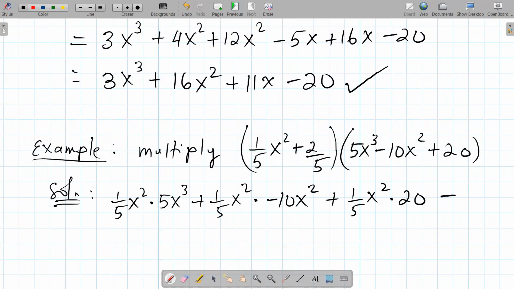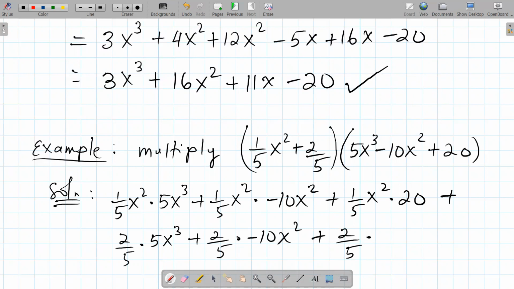Then the 2 over 5 will also follow suit. 2 over 5 times 5x cubed, 2 over 5 times minus 10x squared, and then 2 over 5 times 20.